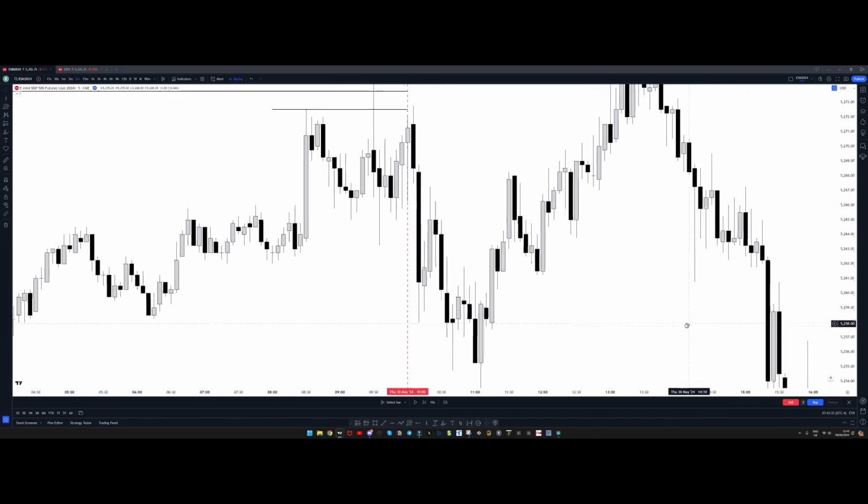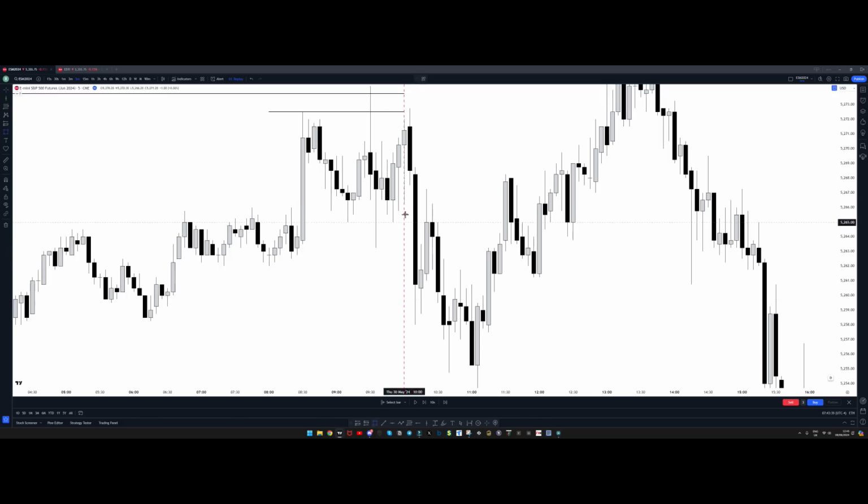Do you want me to draw it out for you? That's a rhetorical question. 5 minute fair value gap. Lo and behold, bang on time, 10:20. Write that down. 10:20 to 10:40.